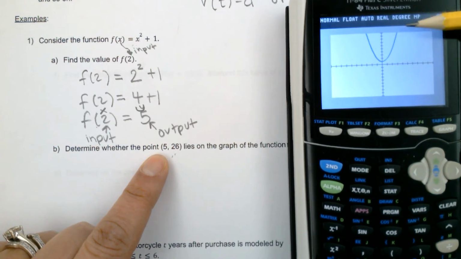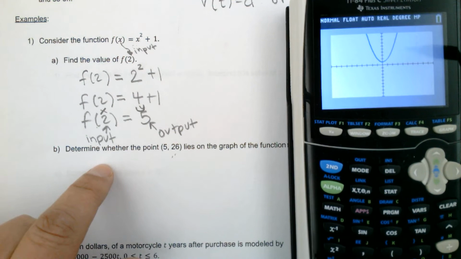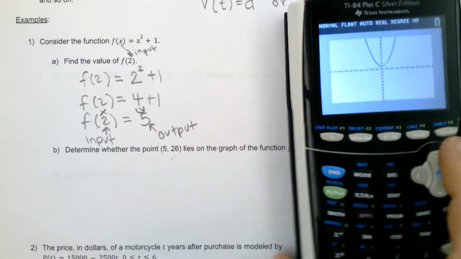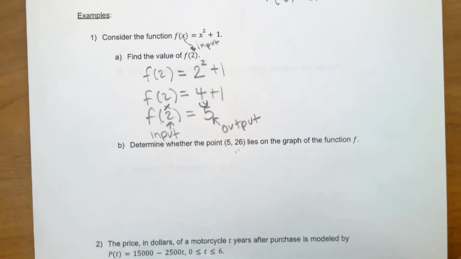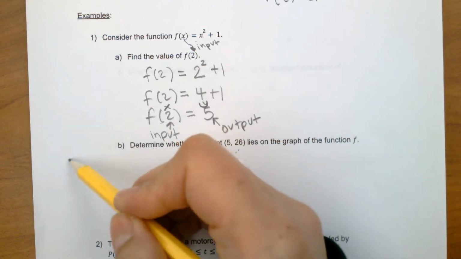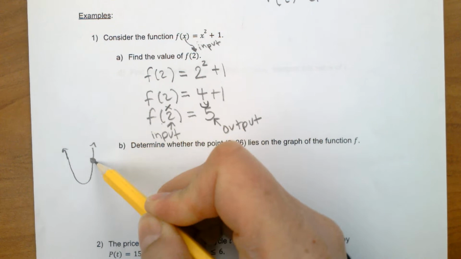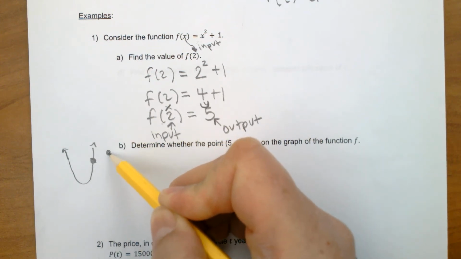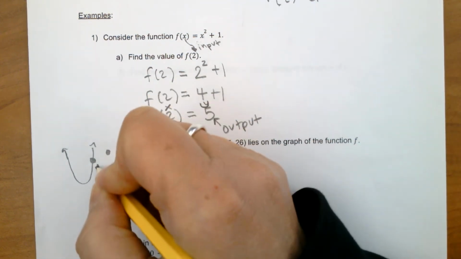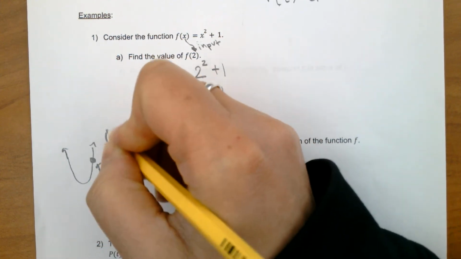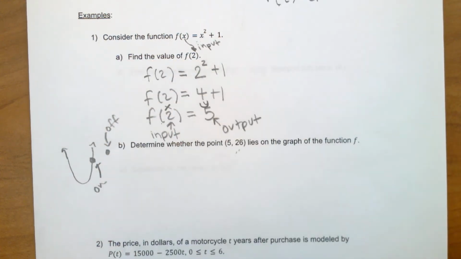And I'm not going to do it on the graphing calculator. We're going to check it using the function. So I just wanted you to know what we were actually doing before we did it. So let's check to see if that point is actually on my curve or is it someplace off. So this is on, that's off.